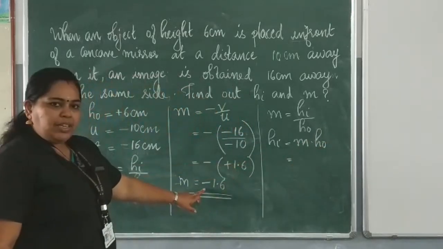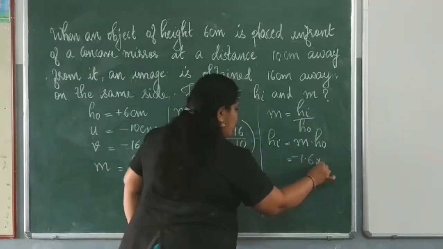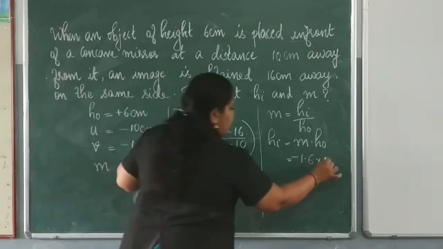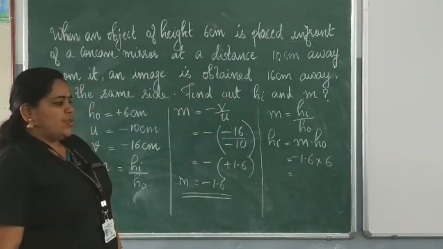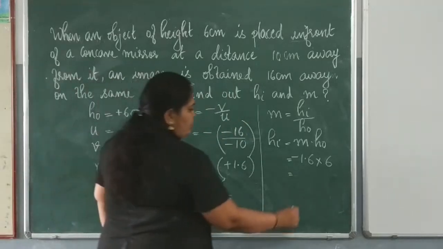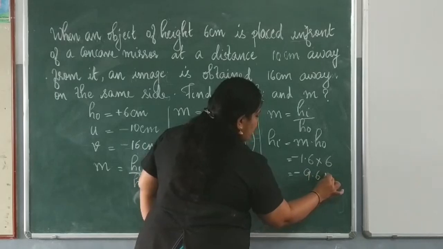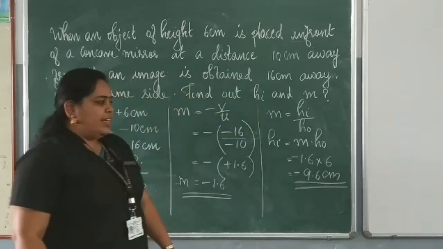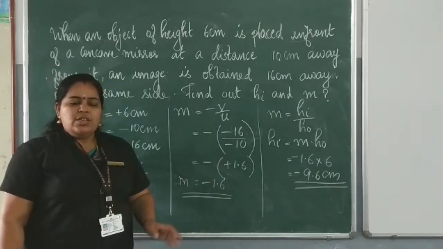How much did you get for magnification? Minus 1.6 into height of the object, 6 centimeter. So what is minus 1.6 into 6? Minus 9.6 centimeter. Is it clear how to find out height of the image and magnification?